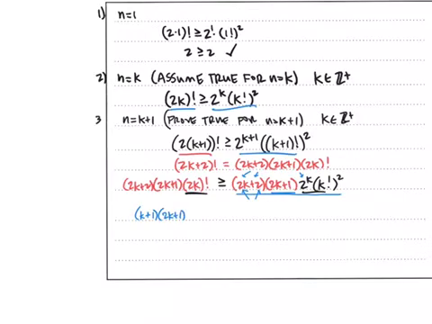Then I'm going to bring this 2^k out in front with the 2 that I pulled out, and that will be 2 times 2^k, which I could rewrite as 2^(k+1). Okay, I'm starting to see pieces of what I'm trying to show start to show up. Okay, and then of course I've got (k!)^2.